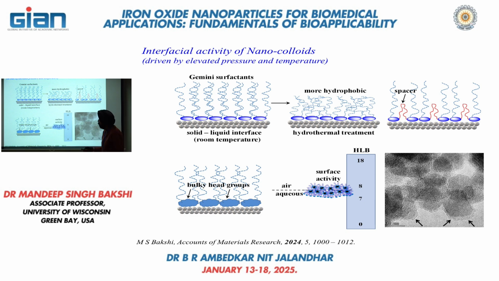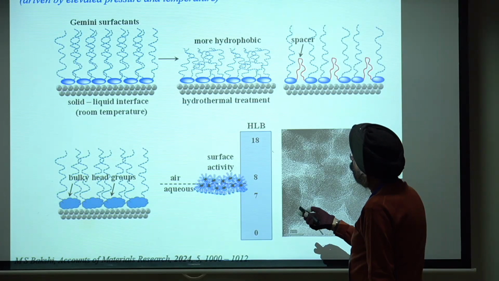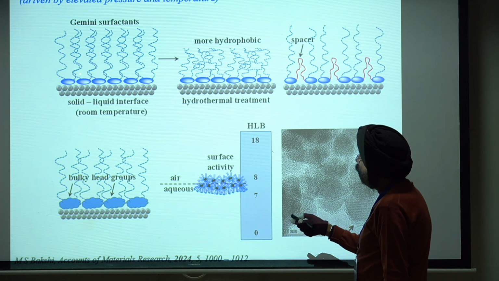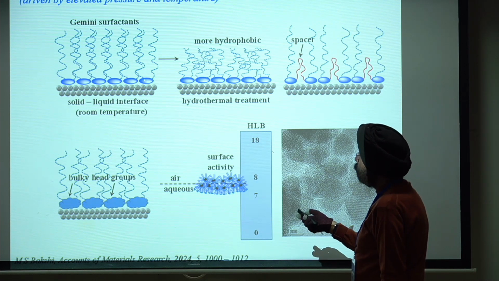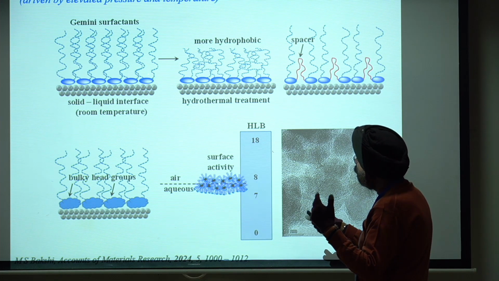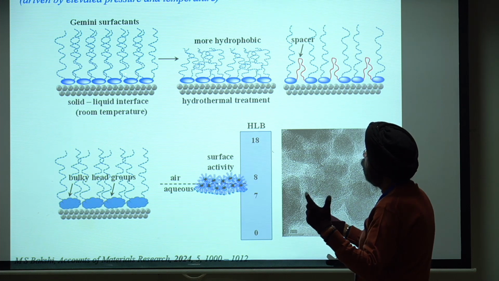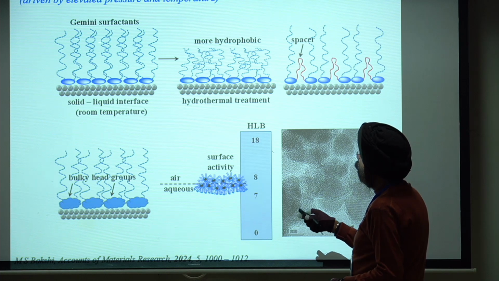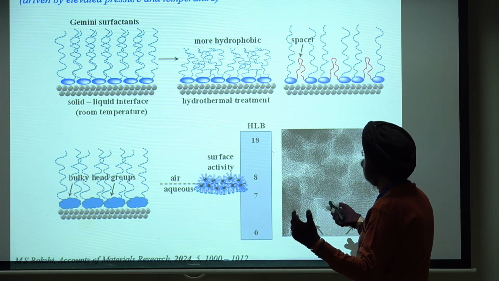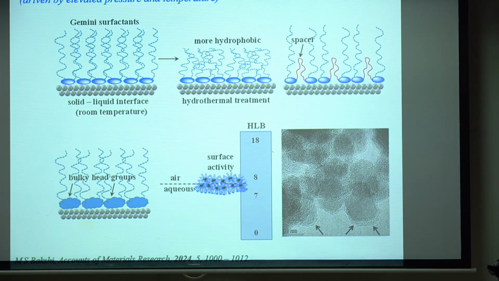How? Because this is the polar head group. There is some degree of water molecules close to the polar head group. But when hydrothermal treatment is provided, all the water molecules are expelled, and the environment over here becomes a very intense non-polar environment.